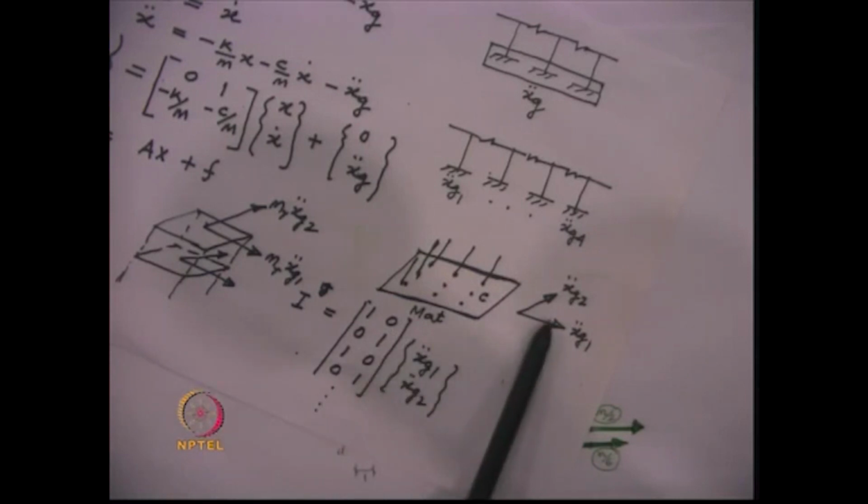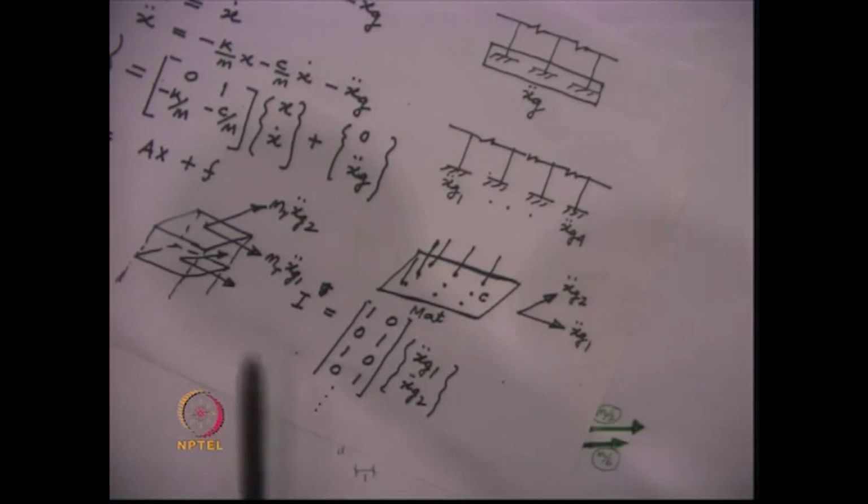Then one can represent the acceleration by this formulation, where I is a matrix of 1 0, 0 1, 1 0, 0 1 and so on. This is a vector of x double dot g1 and x double dot g2.